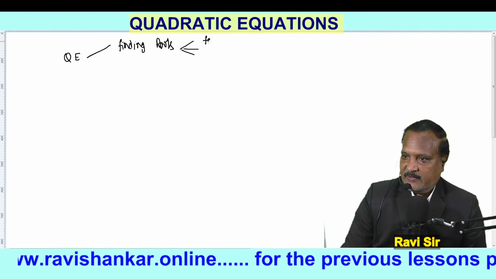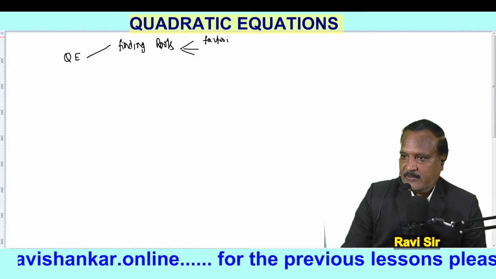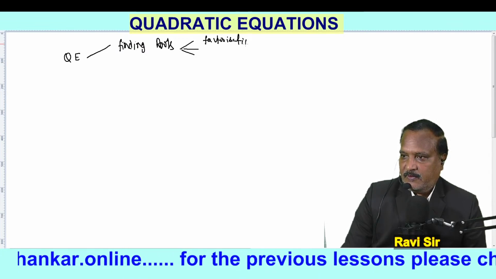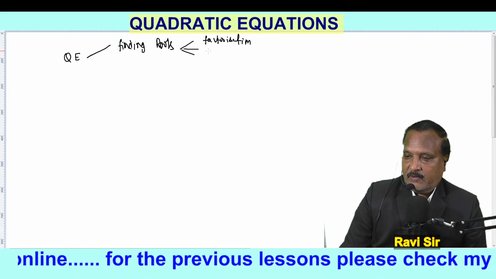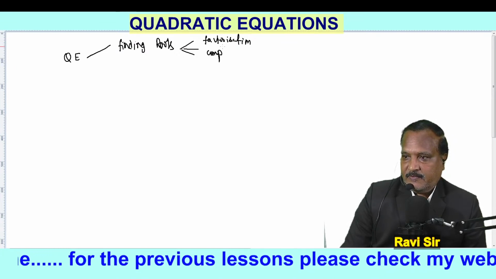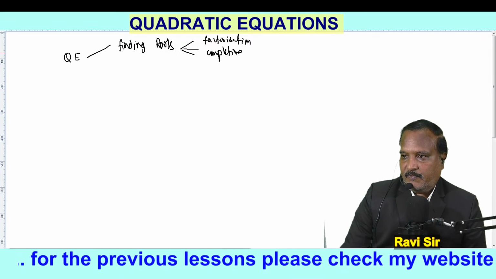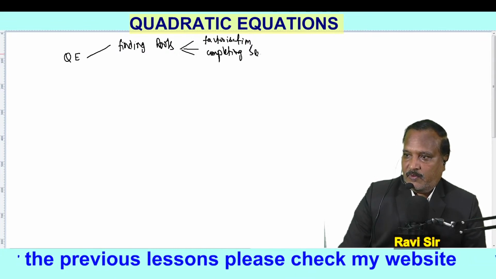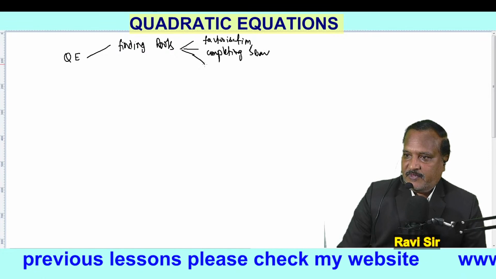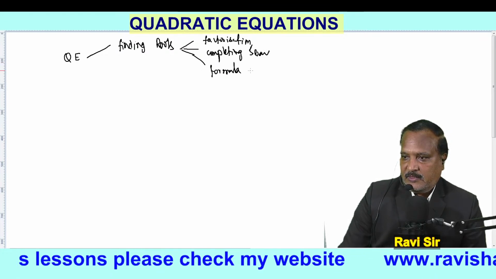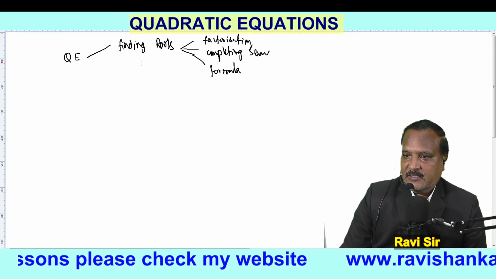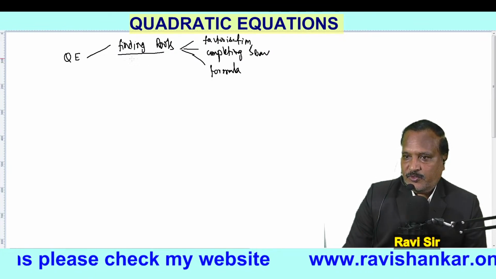One is the factorization method. The other one is the completing square method. The other one is the formula method. These three are the methods of finding roots.